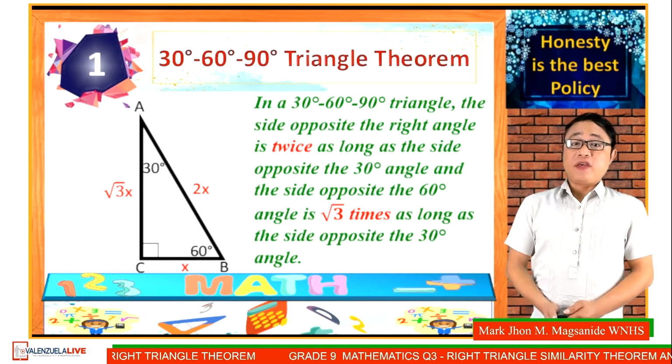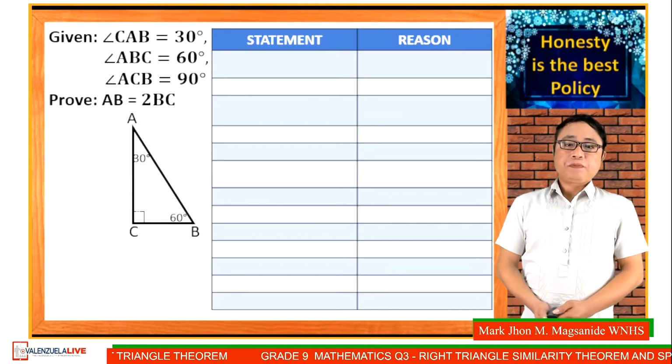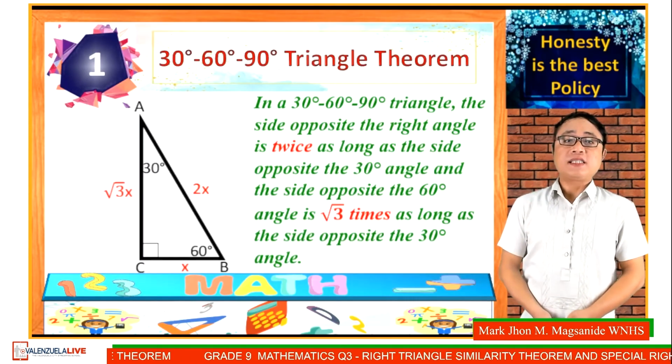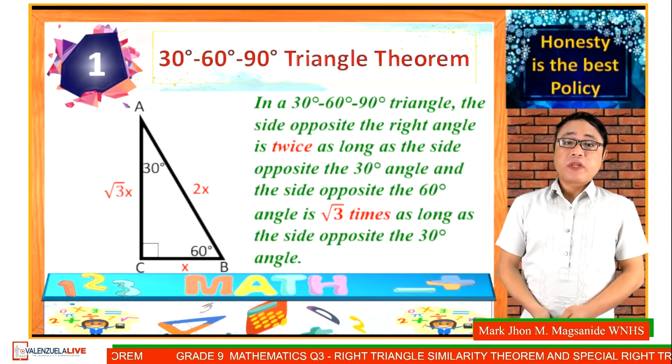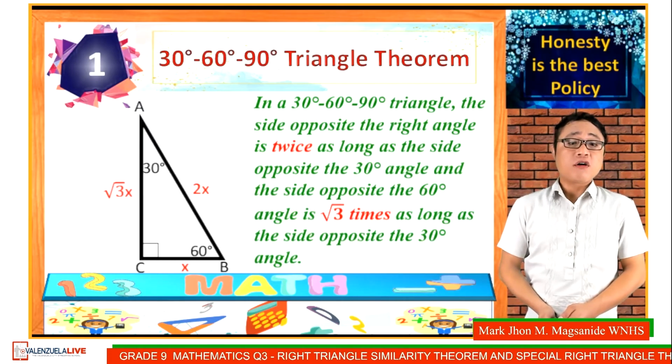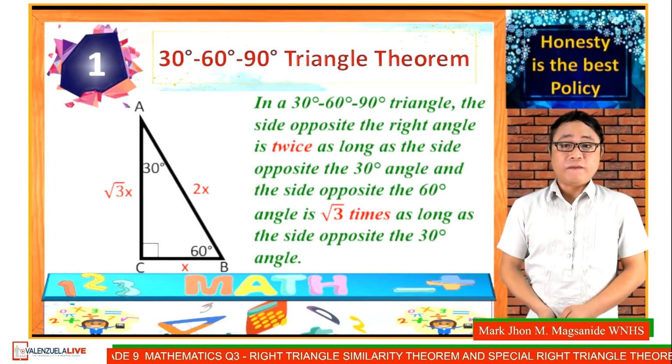From the given figure, AB is the hypotenuse and it is twice as long as the side CB. And the side AC is square root of 3 times as long as the side CB.